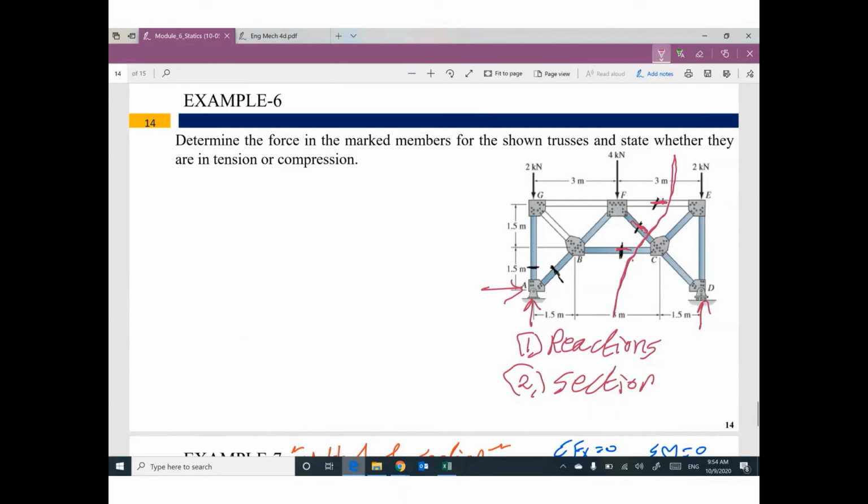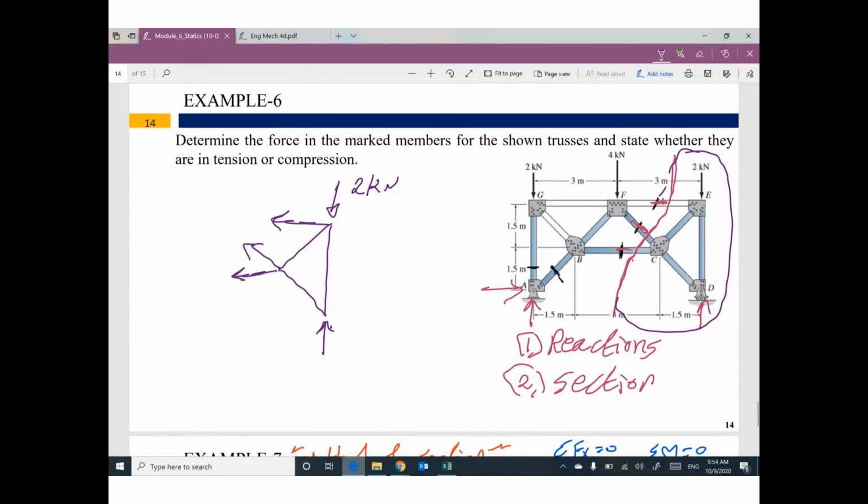Third step, I'm going to use the right part, which is easiest. For this right part, we have something like this: a vertical reaction here, a vertical force here, 2 kilonewton. I did cut this member, this member, and this member. So I have 3 forces: 1, 2, 3.